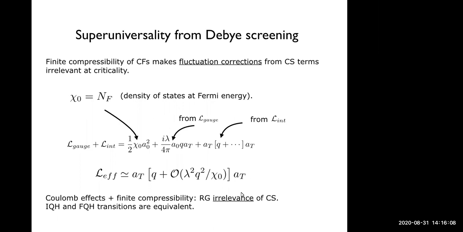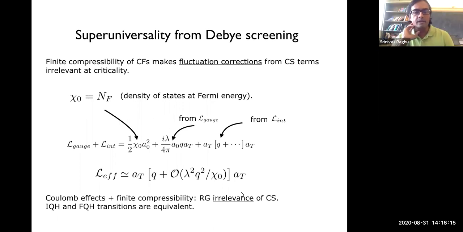A silly question. What's going on with this chi naught a naught squared interaction? It doesn't look gauge invariant. Okay. So there's an entirely equivalent way of rephrasing everything, which is the following. We have a finite density of composite fermions. The transverse degrees of freedom, this term here in L int, is just a current interaction. It's decoupling a current interaction of composite fermions.